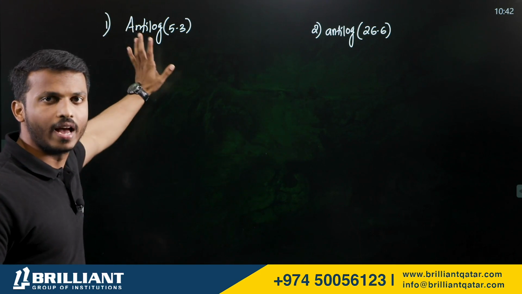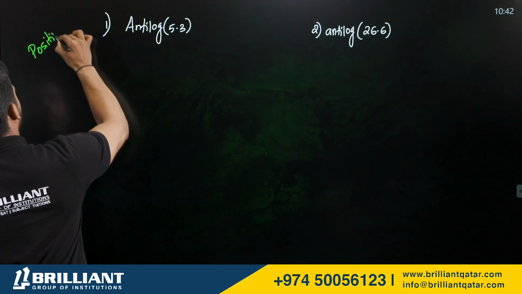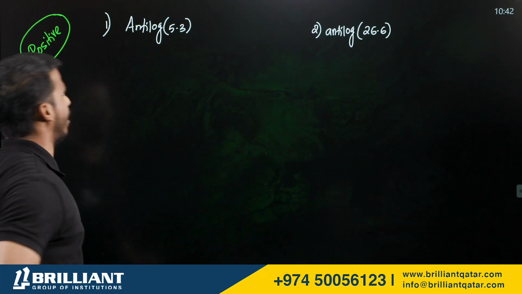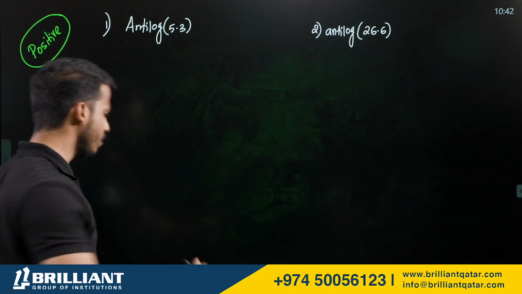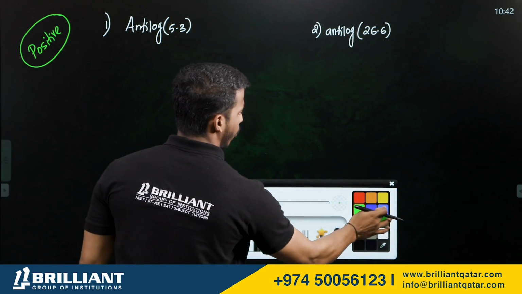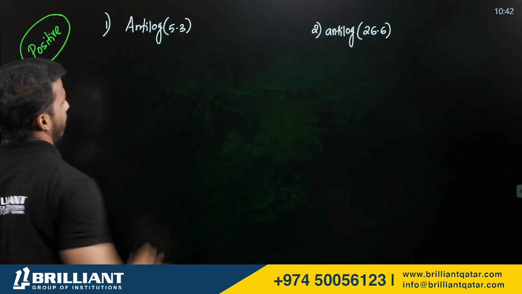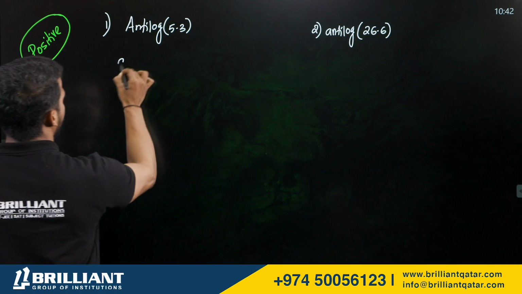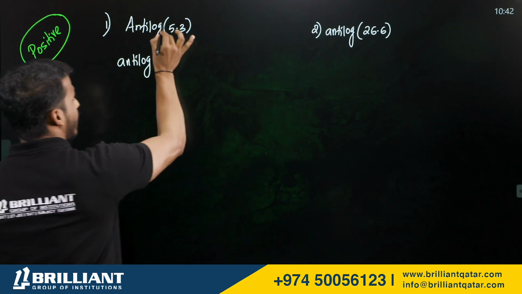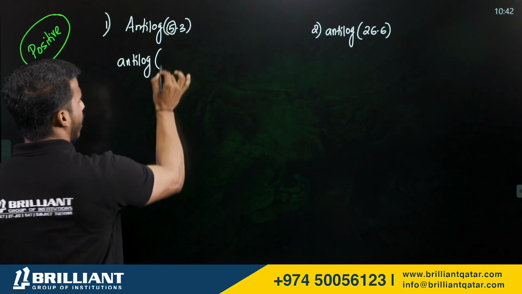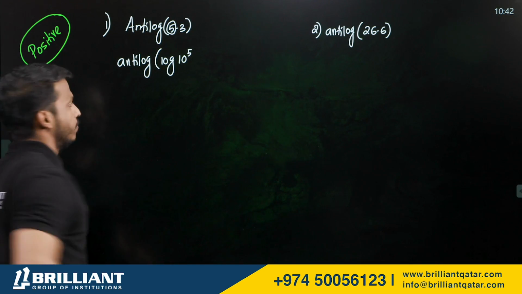First I am discussing about anti-log calculation of positive values. See, anti-log of 5.3, anti-log of 26.6. How to calculate? All of you please follow the rule. Very simple. Anti-log of 5.3. Okay, so I am just writing anti-log of the first digit before decimal, you please write it as 10 to the power 5.